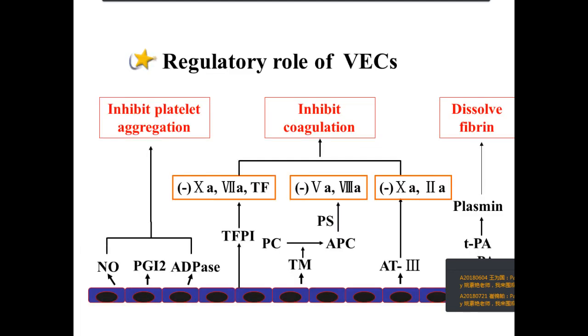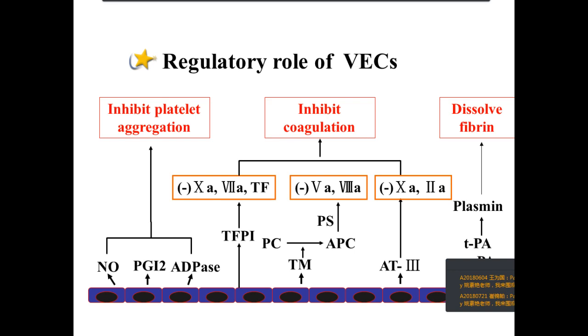Normal VEC function can inhibit platelet aggregation, inhibit coagulation, and dissolve fibrin. So why does VEC damage lead to DIC? Why can severe hypoxia damage VEC and lead to DIC?